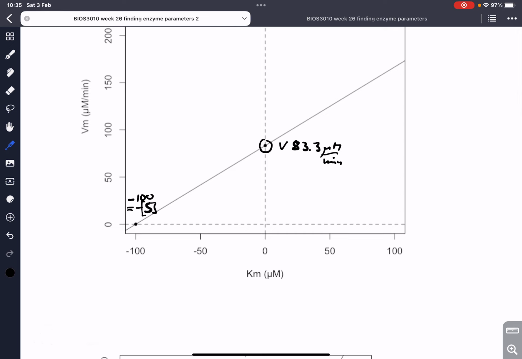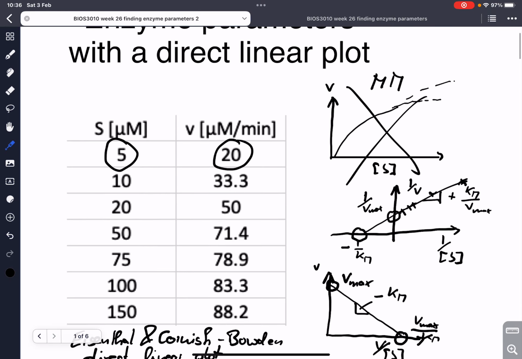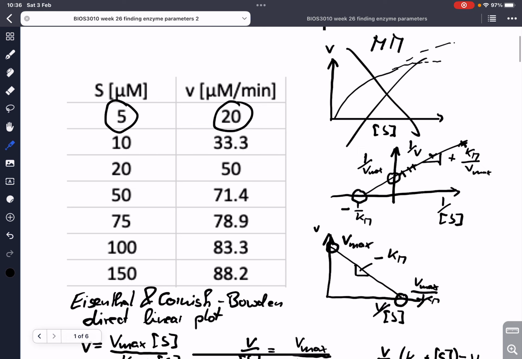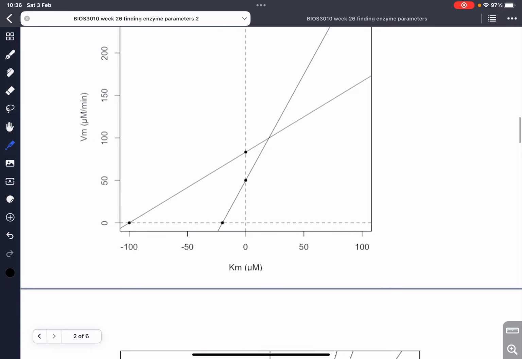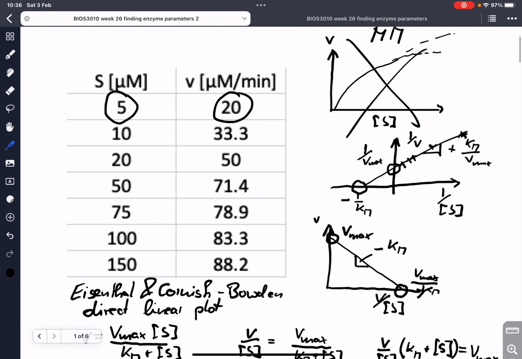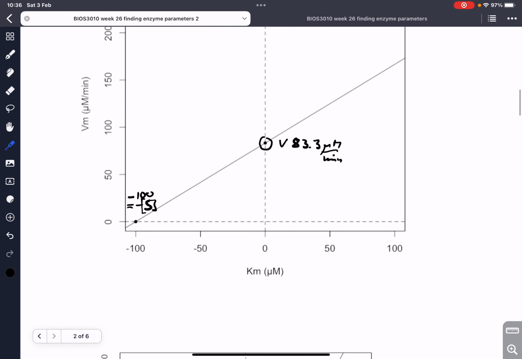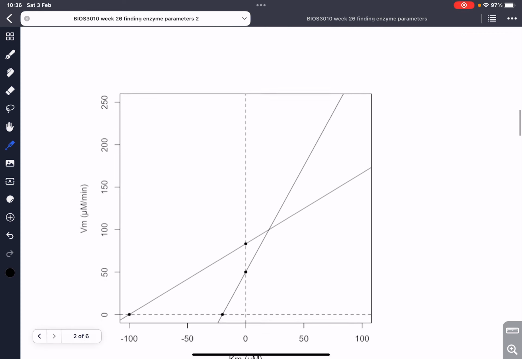So, of course, we have two unknowns. We have Vmax and Km as unknowns, and therefore we don't know where they are. But we can figure that out very easily, because if we take another value for S and V, for example 20, and a corresponding value of 50, we can draw another line here.